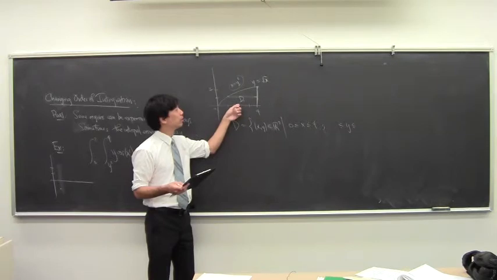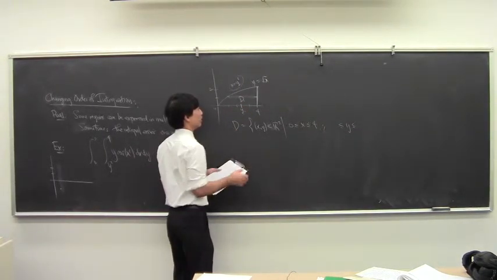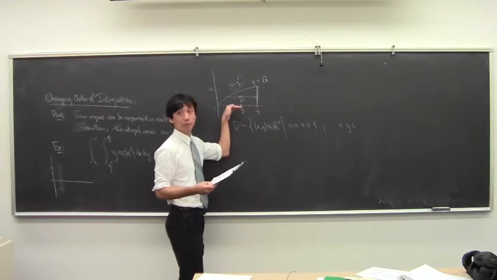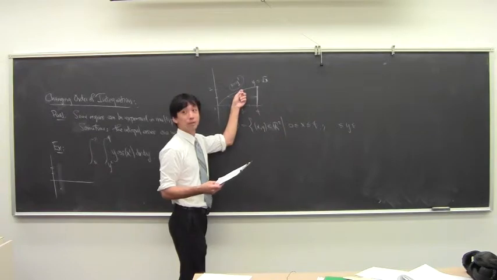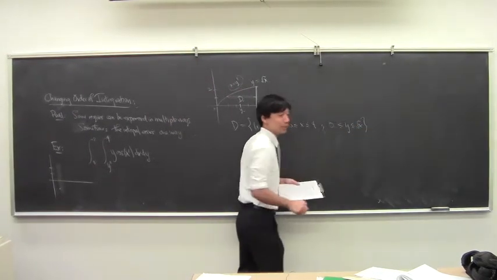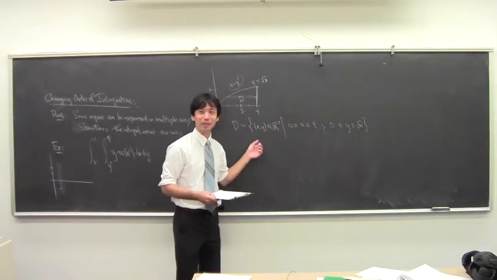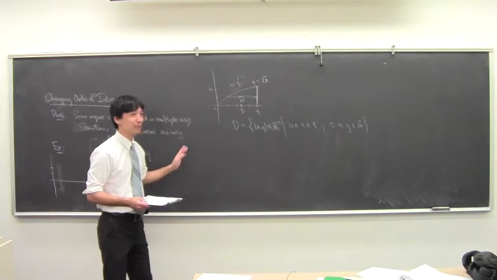Well, if I fix y here, then the y's range from 0 to square root of x. We're all prejudiced towards x over y. We all like x better than y. I'm afraid that's wrong.